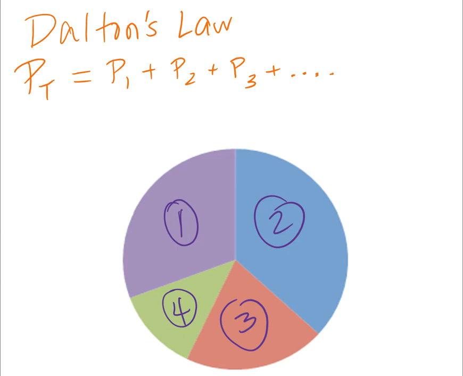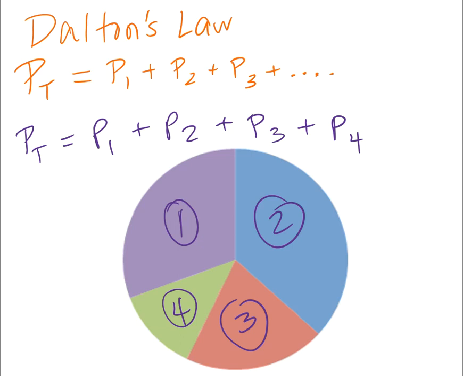If we wanted to determine the total pressure of this gas mixture, we would simply add the partial pressure of gas 1 plus the partial pressure of gas 2 plus the partial pressure of gas 3 plus the partial pressure of gas 4. So the equation for Dalton's law is simply telling us that our total pressure is equal to the sum of the individual partial pressures.